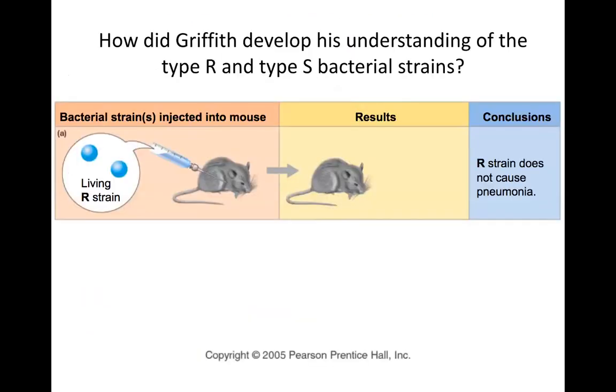So how did Griffith's work develop a better understanding of the type R and type S strain bacteria? So this is what he did. He took a bunch of mice, and he injected them with the living R strain. So these are live bacteria that he injected into the mice, and the result is that the R strain does not cause pneumonia, in which case the animal would survive, no problem.